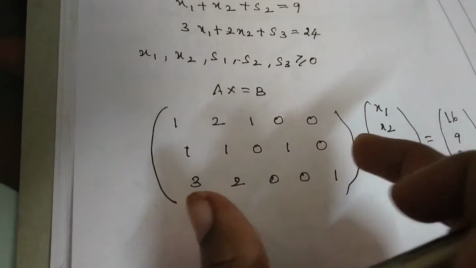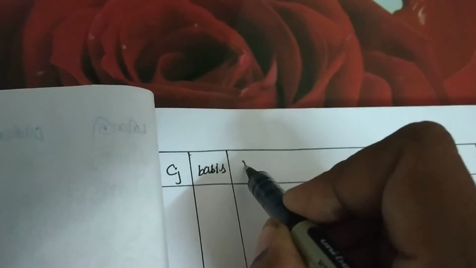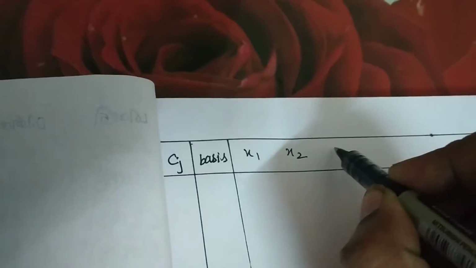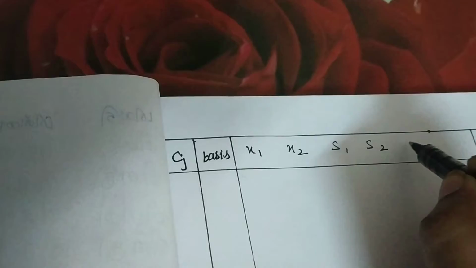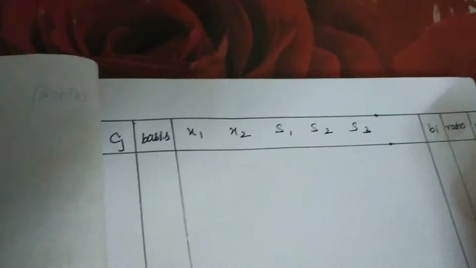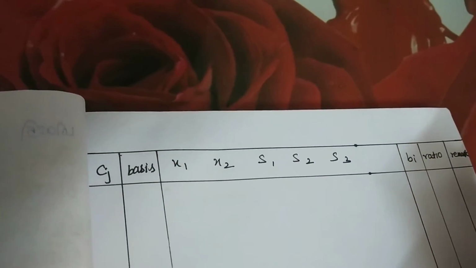You just write it in the table. This table has columns Cj, basis, and then the variables x1, x2, s1, s2, s3, and then bi, ratio and remarks.